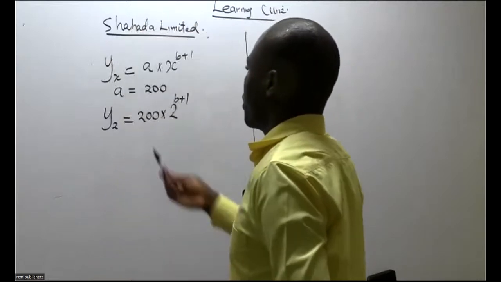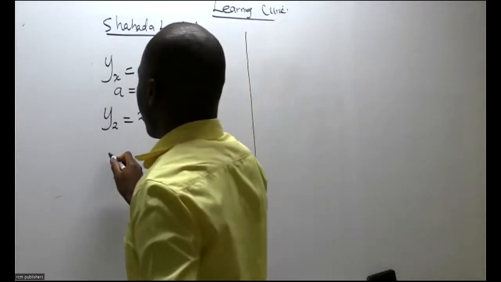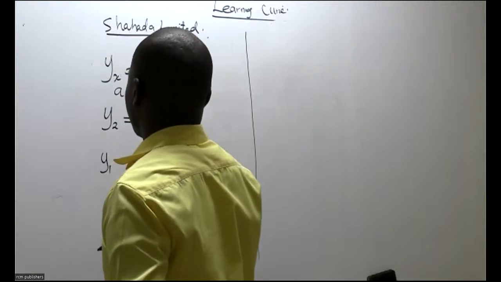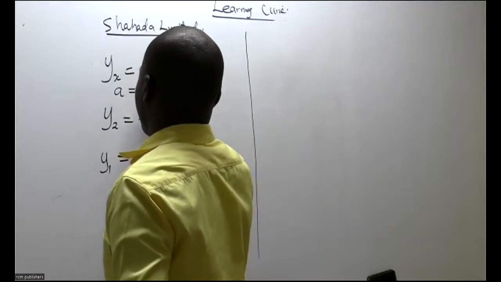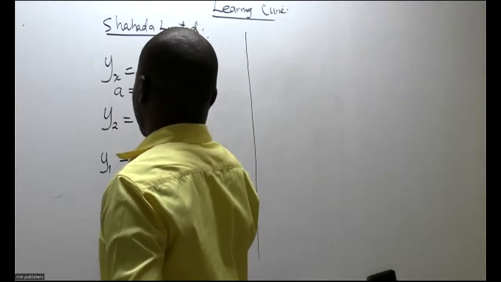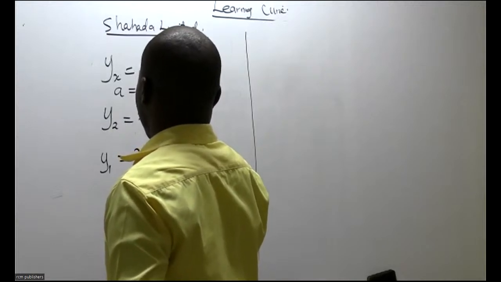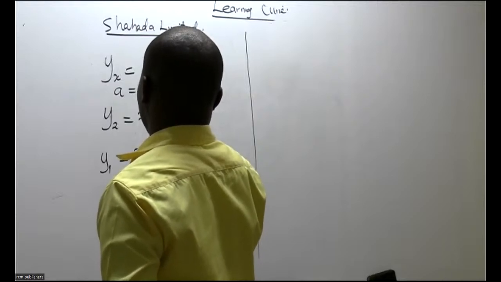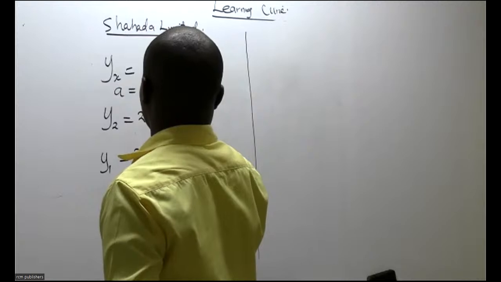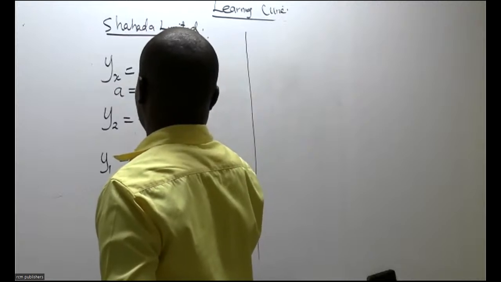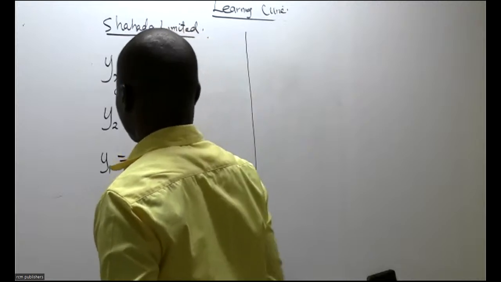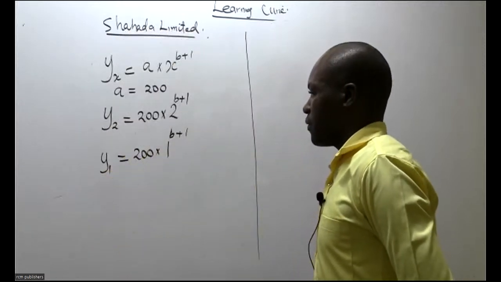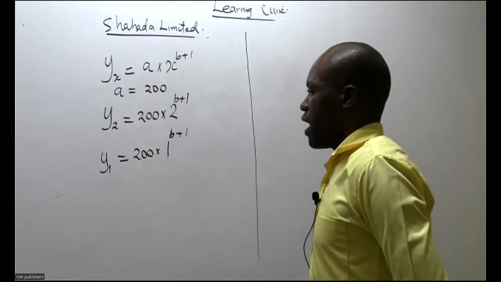So look at the function here. What is our Y? I want to ask you a simple question. Y, when our X is 1, is basically equivalent to A, to produce the first unit, multiplied by 1 raised to the power b plus 1. So that is what we have.